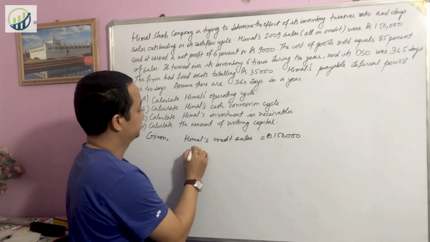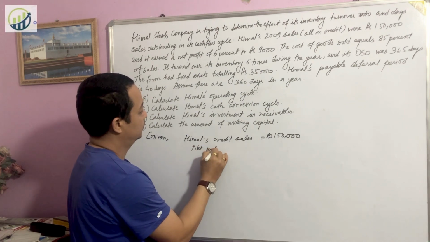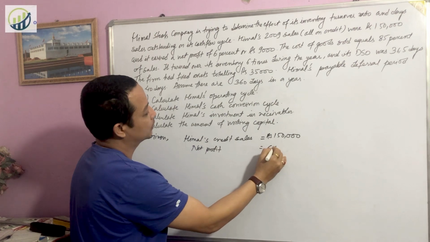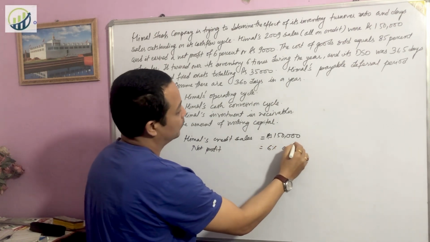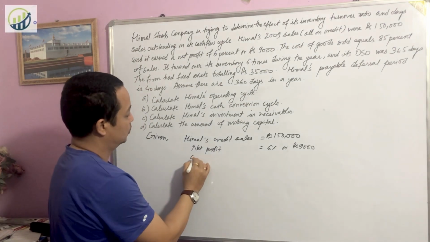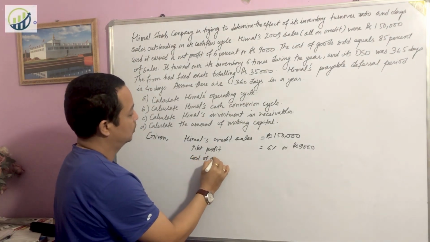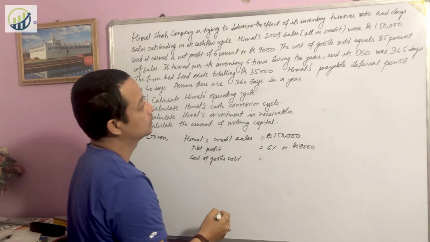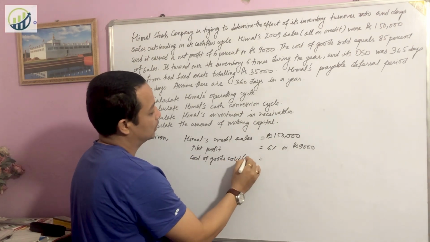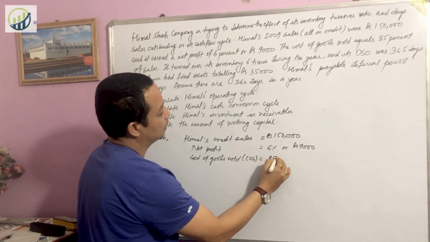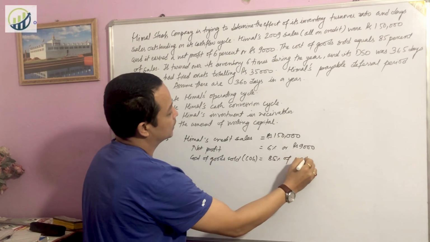Net profit, that is 6% or rupees 9,000. Cost of goods sold, which you can write shortly as COG, that is 85% of credit sales.